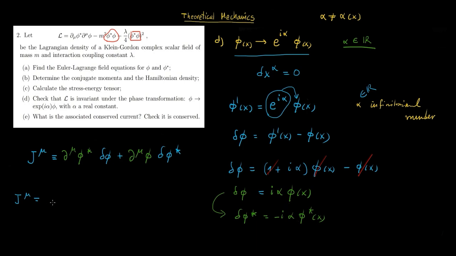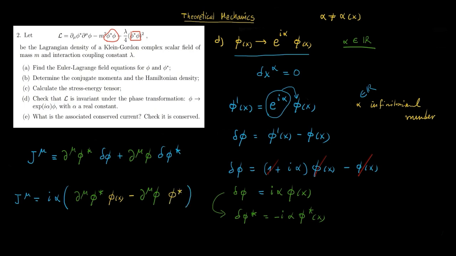So if we factor out i alpha, we have partial mu phi star, and delta phi is i alpha times phi of x, minus partial mu phi delta phi star, and this is phi star.